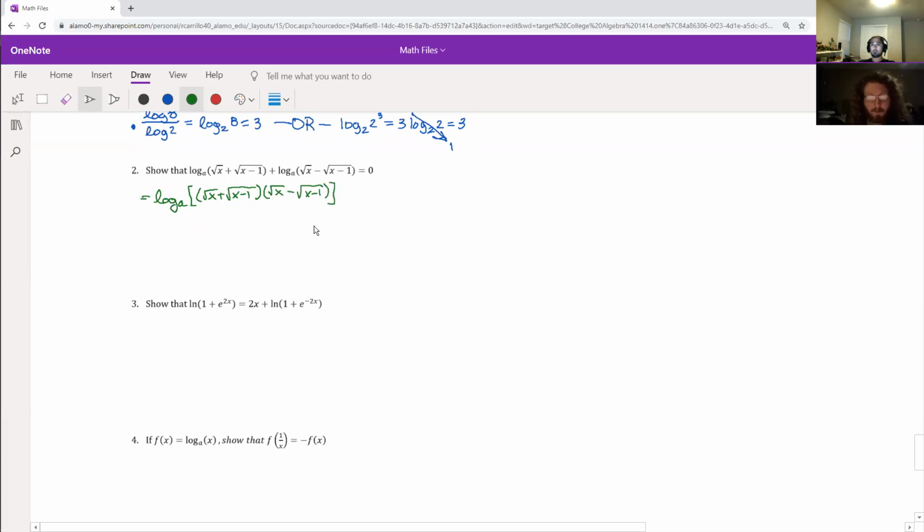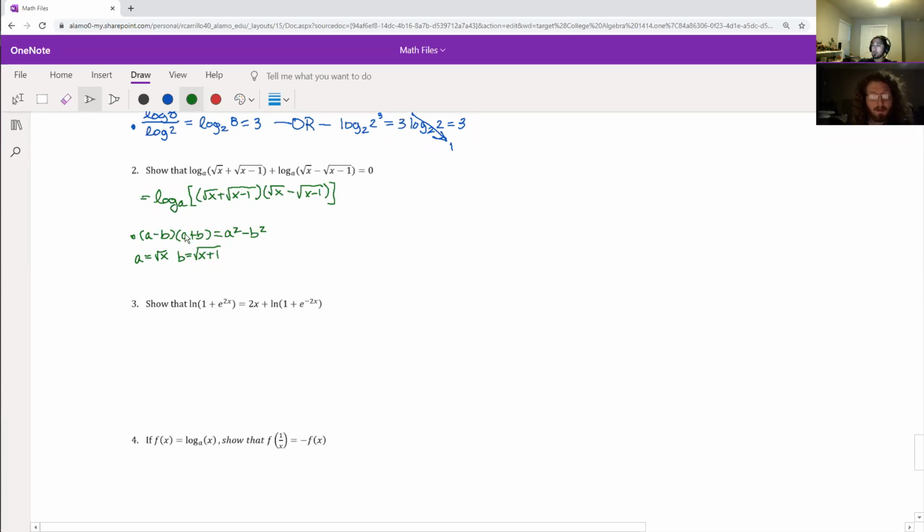Now there's a couple different ways to work this out. This is what I'm noticing here. I know that a minus b times a plus b equals a squared minus b squared. And in this case, I can say a equals the square root of x and b equals the quantity square root of x plus 1, right?